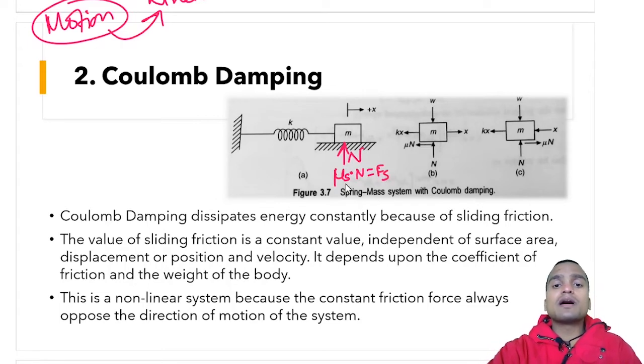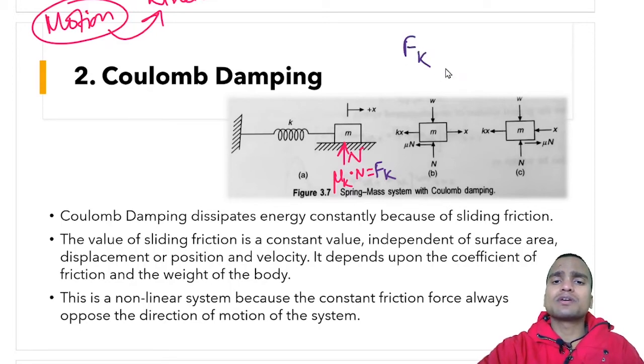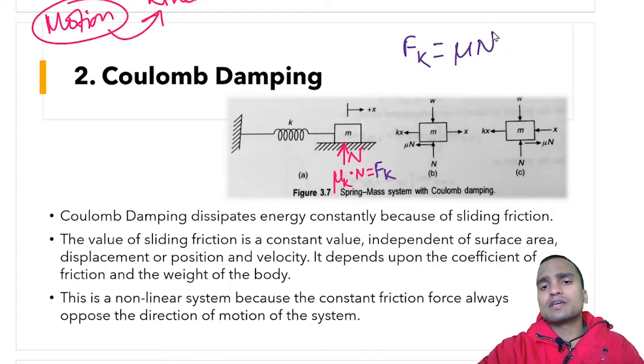But when the mass starts vibrating, then we have to use the value of mu k here, and the value of friction force will then be Fk, and Fk is equal to mu times N. We have simply omitted k because most of the time in vibration we use Fk, because the body is in motion. So we simply write mu times N. Here mu is the kinetic coefficient of friction.